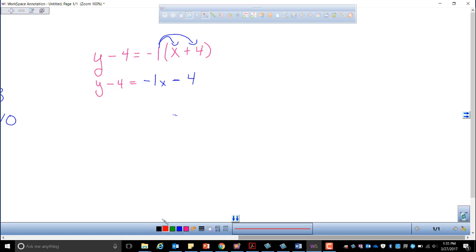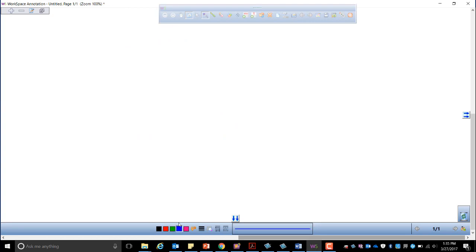Now I'm going to do algebra, because I want the y by itself. So I'm going to do plus 4 and plus 4. These cancel, so y equals negative 1x. Well, negative 4 plus 4 is 0. So you can put plus 0, or you can just leave it. But then today you're going to tell me the slope and the y-intercept. My slope is negative 1. My y-intercept is 0.